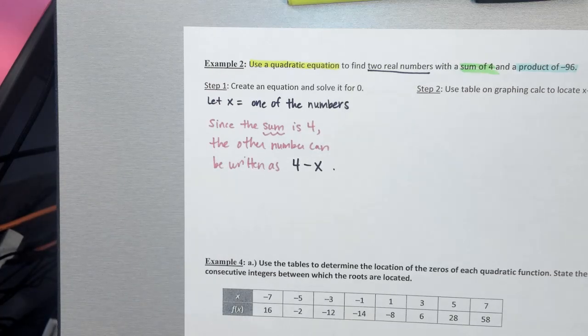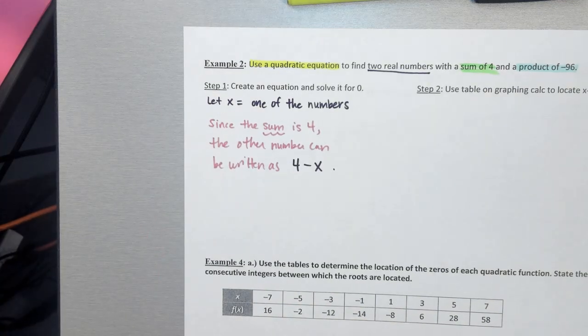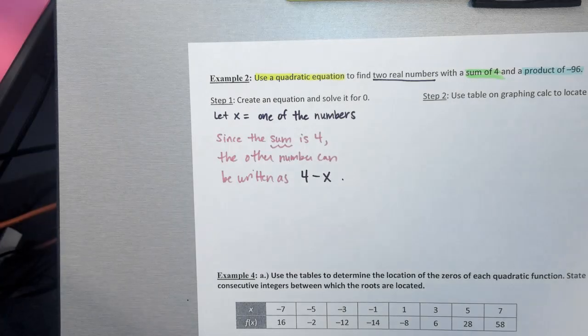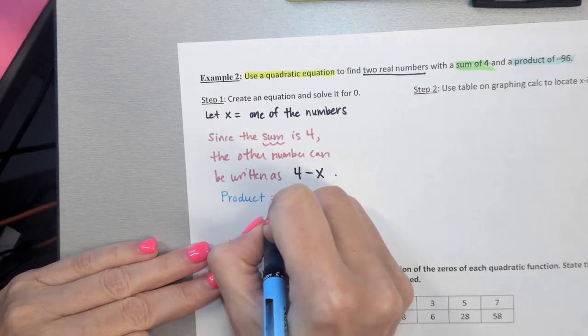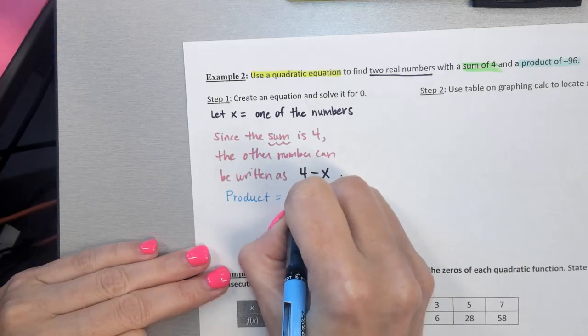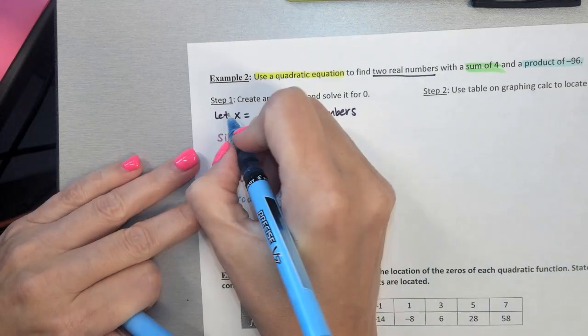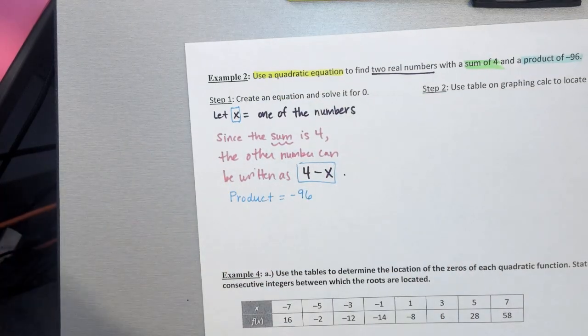Now, the other thing that we know is that the product is equal to negative 96. So I can write this as x times 4 minus x.